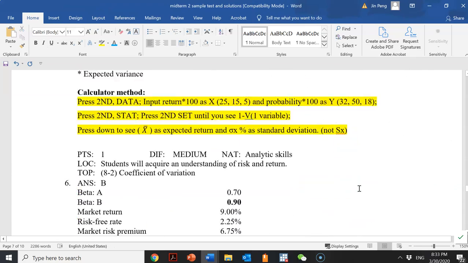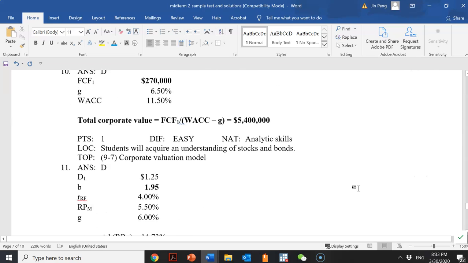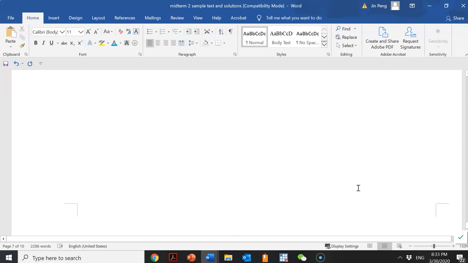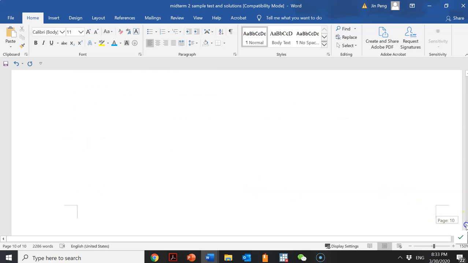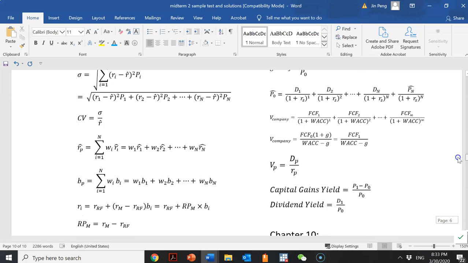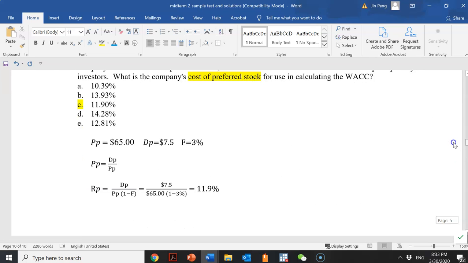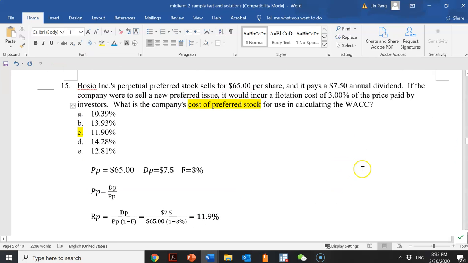We also have more explanations on the solutions of all 15 questions at the end of the file. I hope most of you got most of the questions right when you first did it yourself. If you have further questions on any of these questions, you can always email me or make an appointment with me on Zoom.